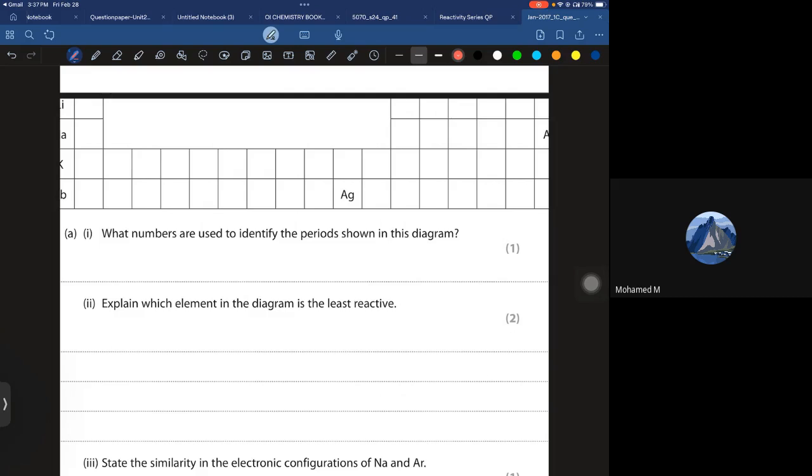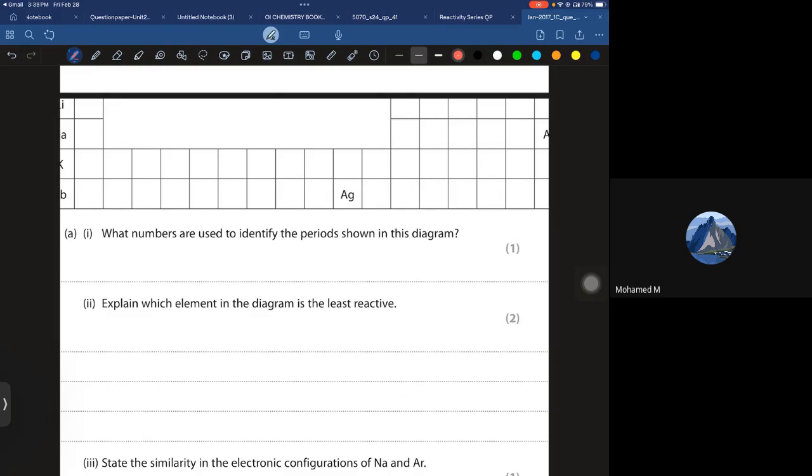So if you have two shells in total, it means that it's in the second period. If you can see four shells in total in any element, you can say it's in the fourth period. And also we can identify the group number by just looking at the number of electrons in their outer shell.